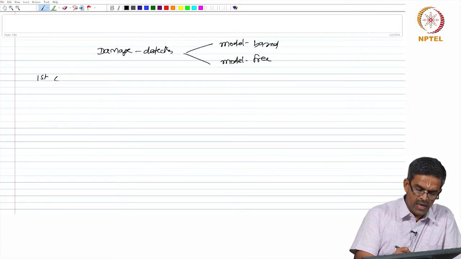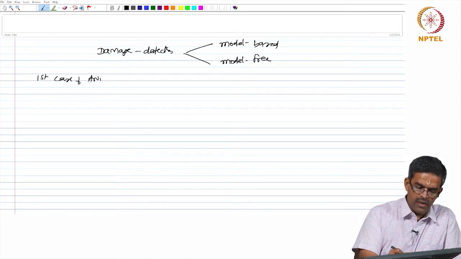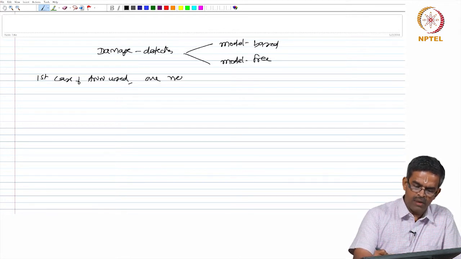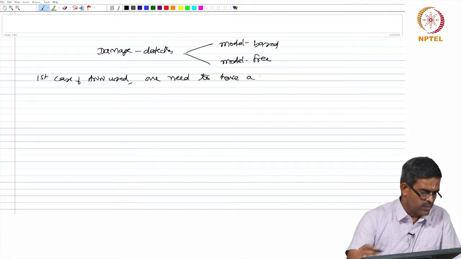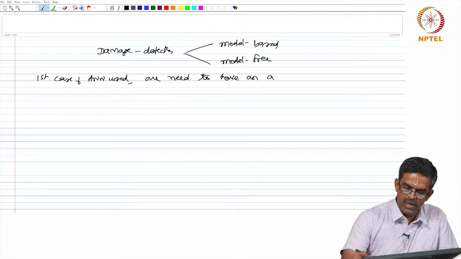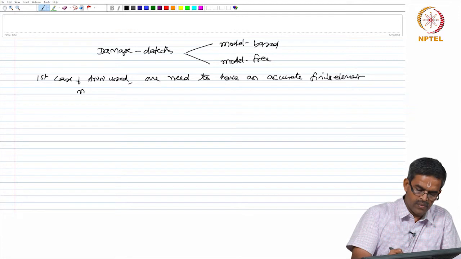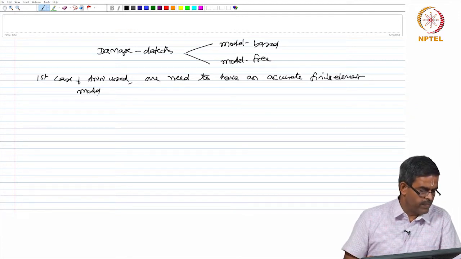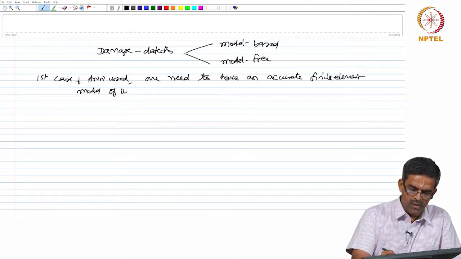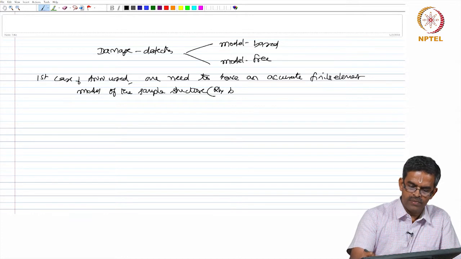In the first case, where ANN is used, one needs to have a computational model, in fact an accurate finite element model of the sample structure. In our case, it is a railway bridge.